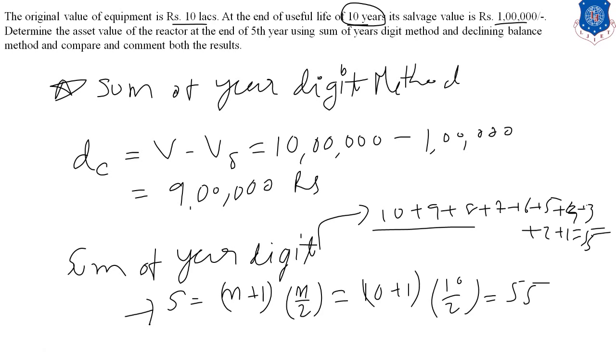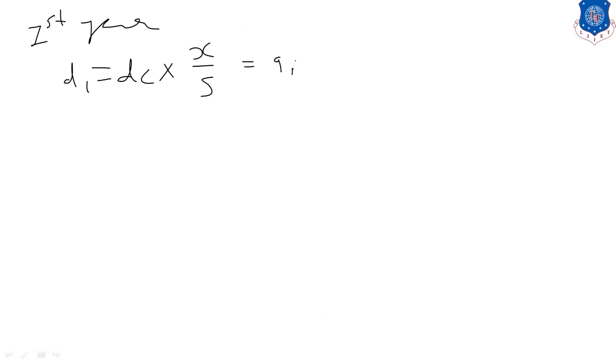Now let's calculate for each year. For the first year, depreciation D1 can be given by DC multiplied by X upon S. DC, our depreciable cost, is 9 lakh rupees, multiplied by the remaining years, which for the first year is 10, divided by the sum of digits, which is 55.